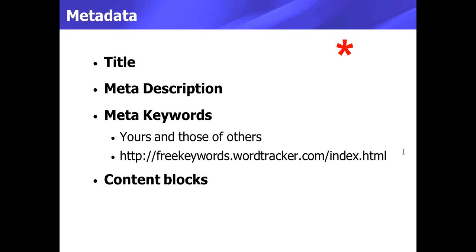So you want to have a good title, you want to have a good description for each page of content that you're posting, and you'll also want to include keywords about the content in that page, and possibly do some experimentation and study to make sure that you're using good keywords that people may be using when they're looking for your information in Google.